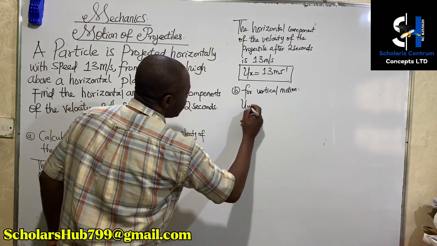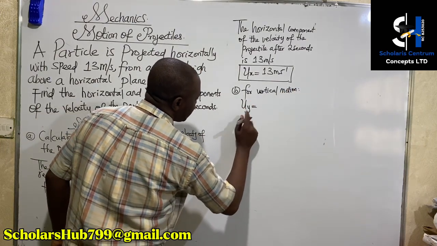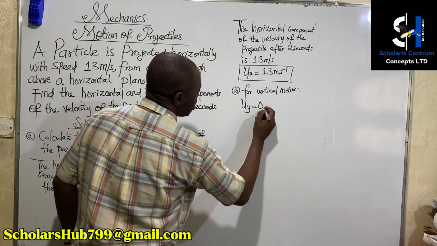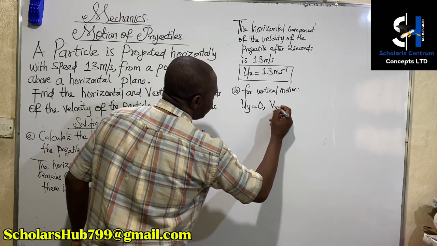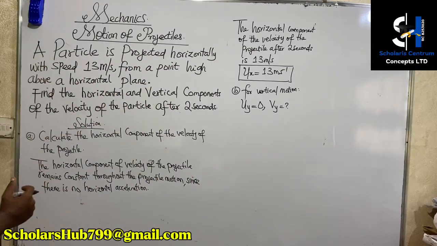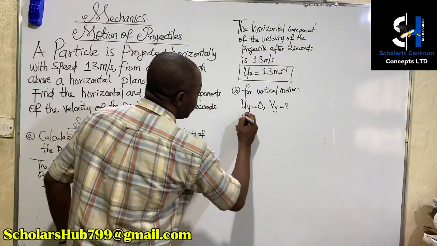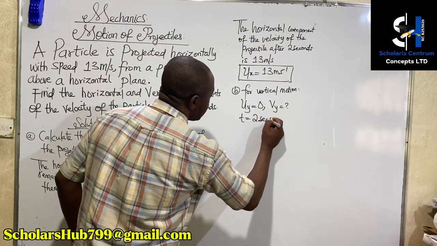The final vertical velocity is what we are looking for, the vertical component of the velocity of the particle after 2 seconds. And we know that the time given is 2 seconds.